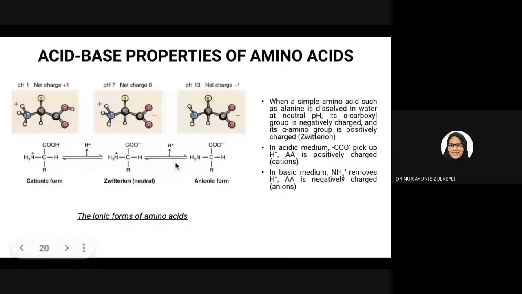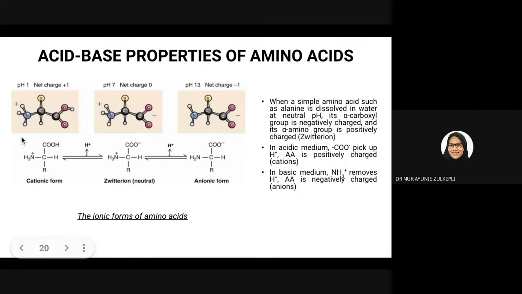So the whole amino acid is negatively charged, in an anionic form, so that in electrophoresis it is more attracted to the anode. Maybe you still do not understand, but when we learn about electrophoresis later, maybe you can catch up. But I hope you can understand the different forms of amino acid at different pH levels.